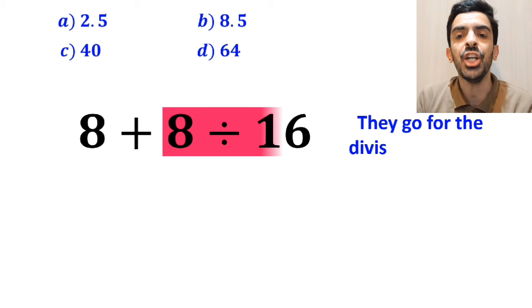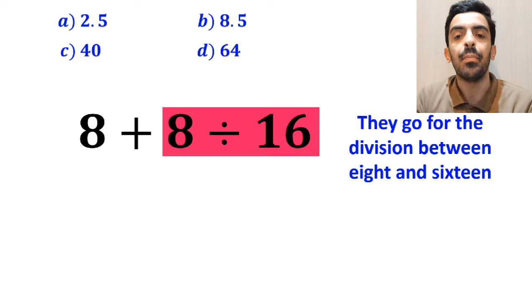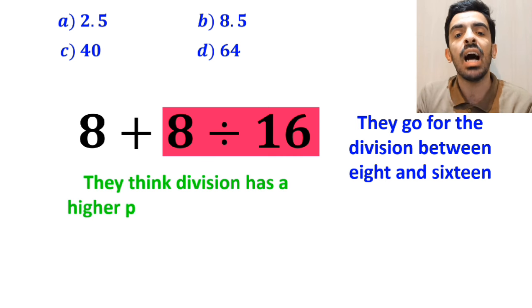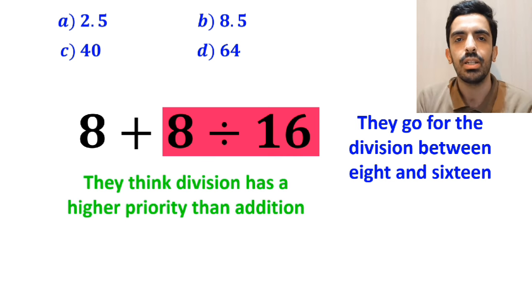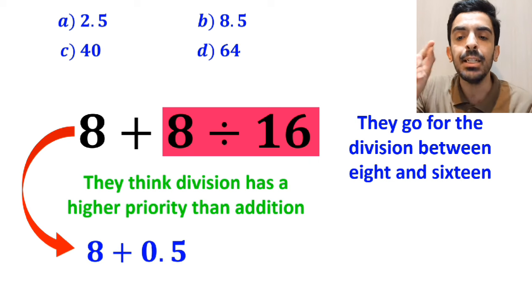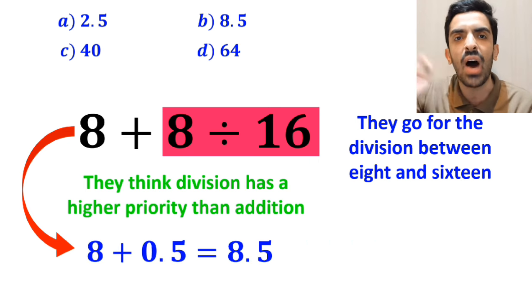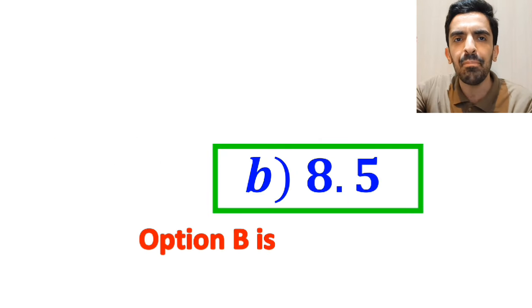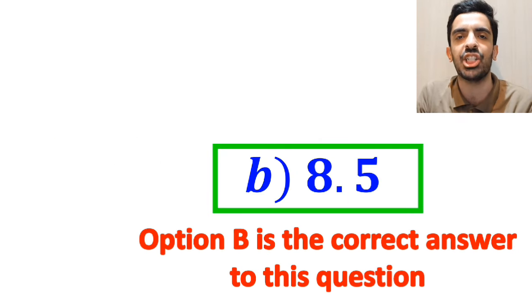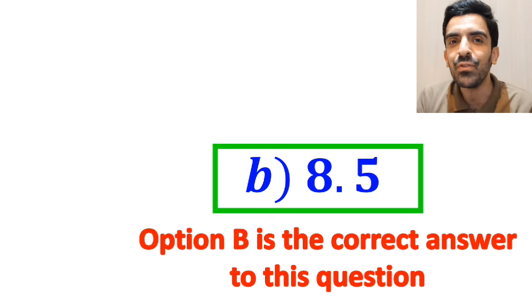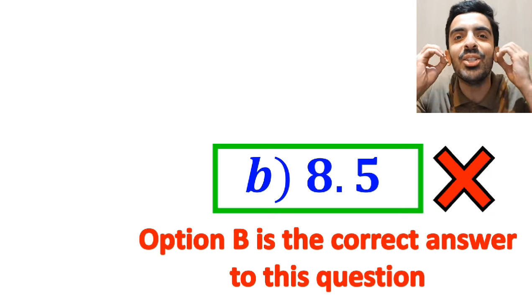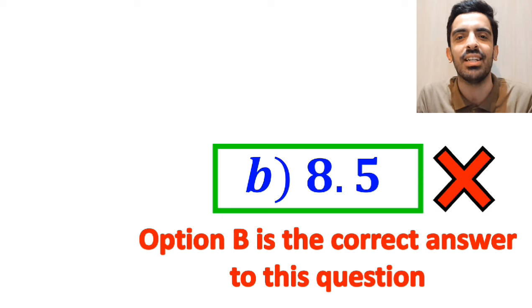Then, they go for the division between 8 and 16 because they think division has a higher priority than addition. And they rewrite this expression as 8 + 0.5, which ultimately gives them the answer 8.5. And immediately, they conclude that option B is the correct answer to this question. But I have to say, we were tricked and it's not the correct answer to this question.